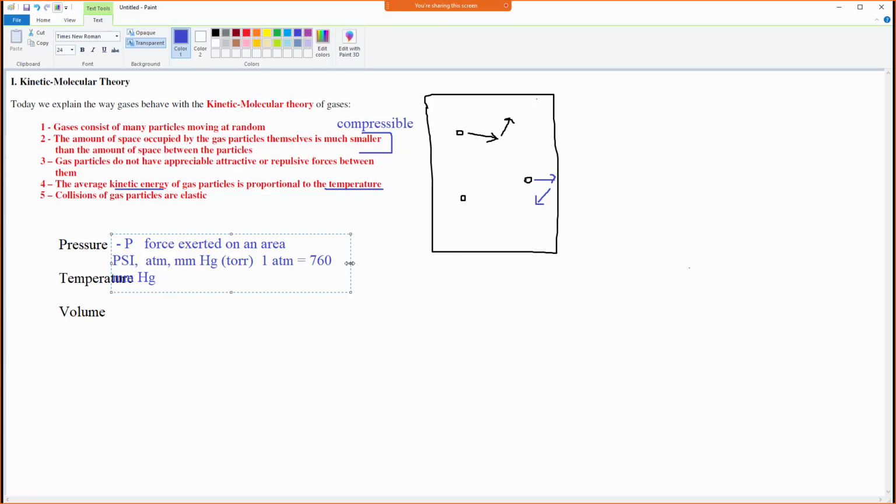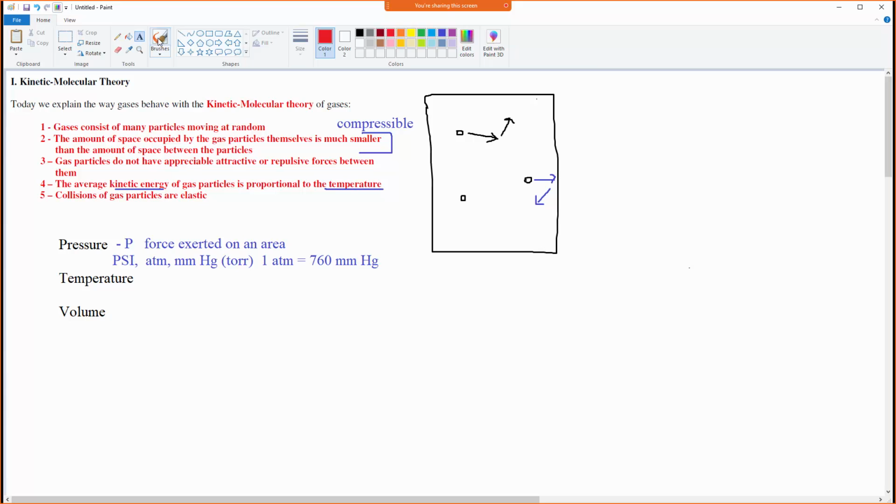I will give this to you. You do not have to memorize those conversion factors, okay? But in this class, when we are looking at pressure specifically, we're going to use atmospheres and millimeters of mercury. These are the units that we're going to use and convert between. Does that kind of make sense? You with me so far?